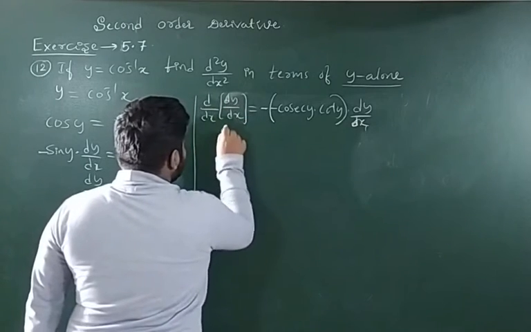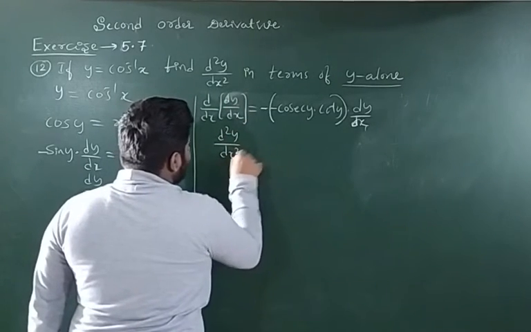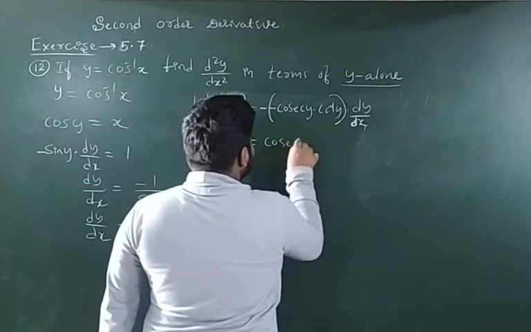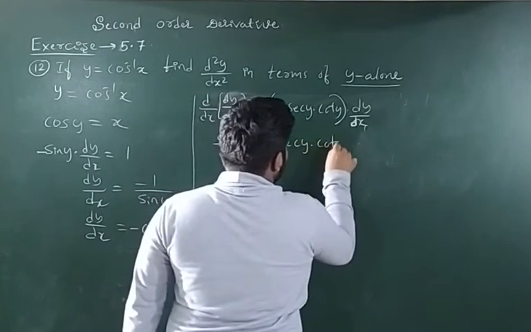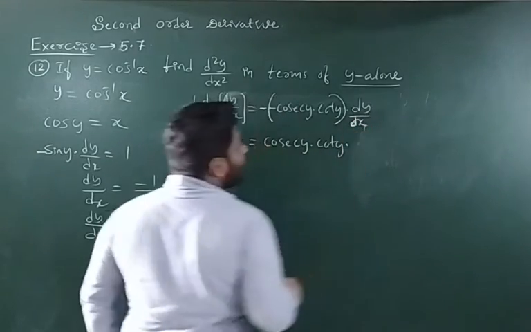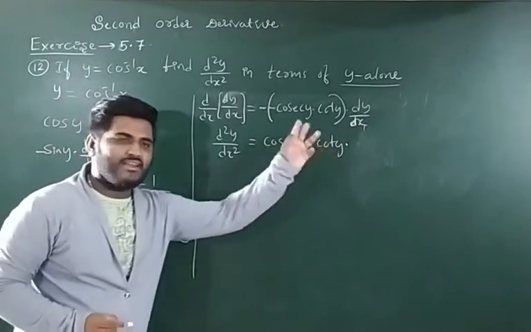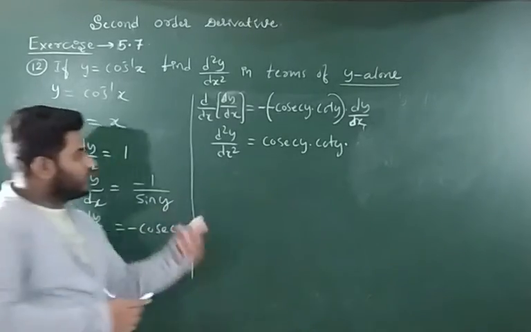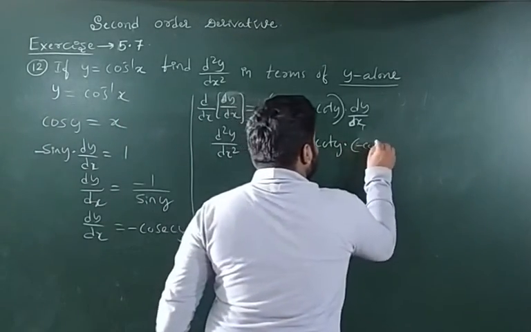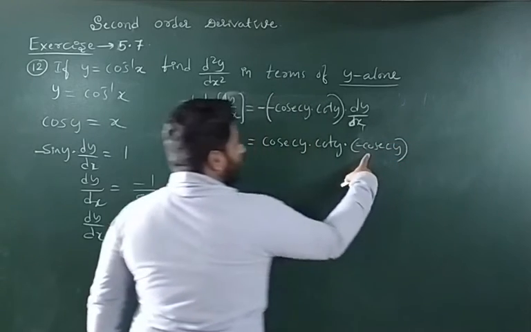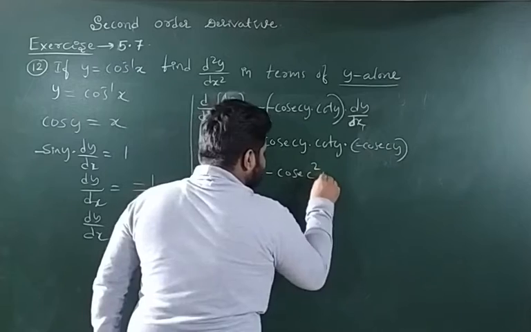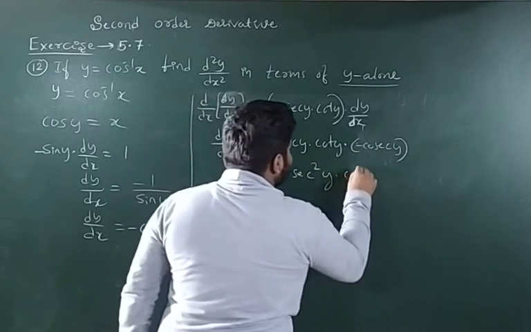This is nothing but d square y by dx square is equal to minus minus plus, we are having cosec y as it is into cot y as it is, into dy by dx. Whatever dy by dx is there, we have already calculated that, we have to substitute here. Minus cosec y. So cosec y into cosec y gives minus cosec square y into cot y.